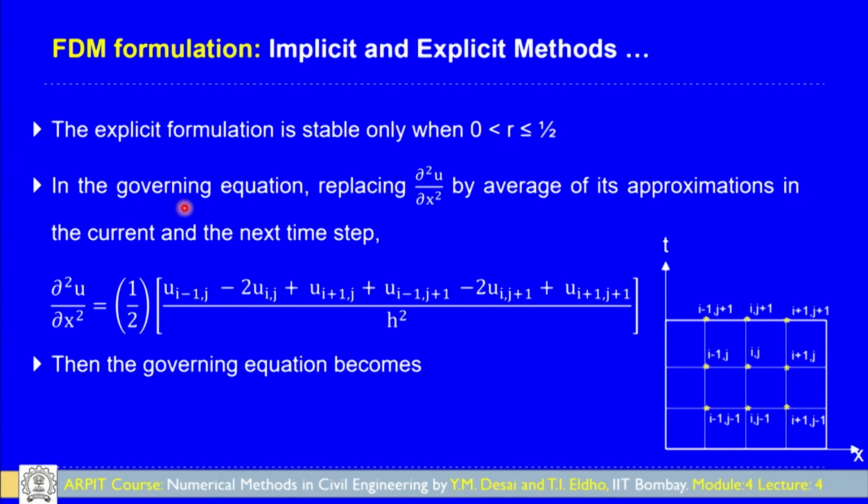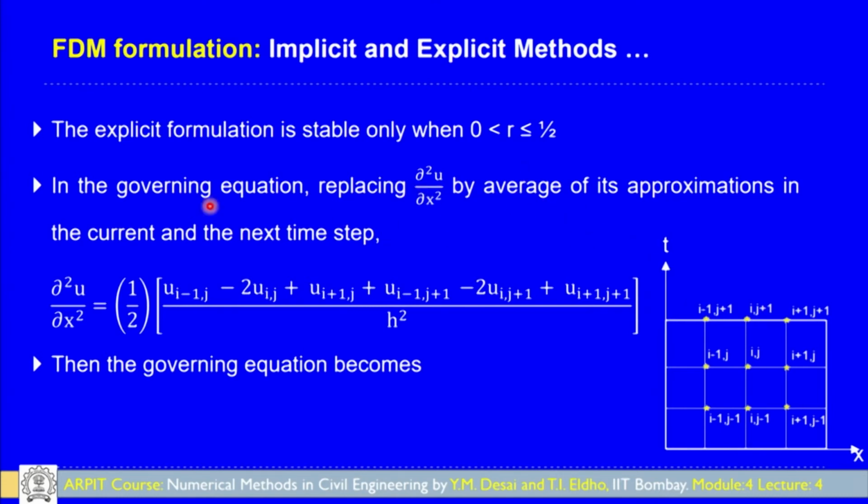Now, instead of the explicit method, we can have the implicit method. In the implicit method, for the space derivative del square u by del x square, we take the average of its approximation at the current and the next time step. Here j is the previous time step and j plus 1 is the current time step.